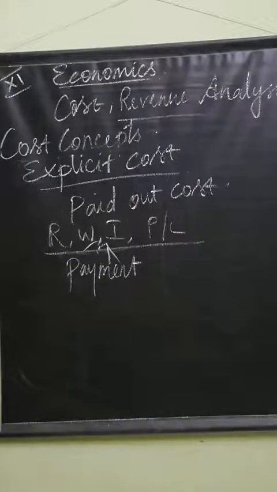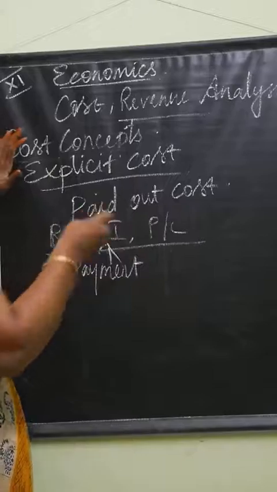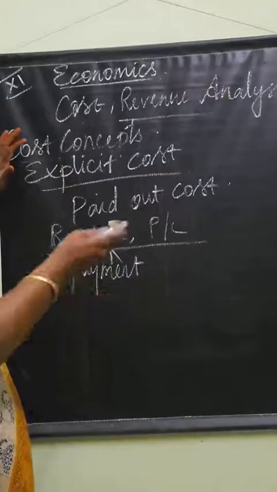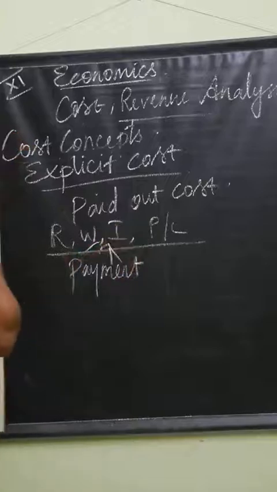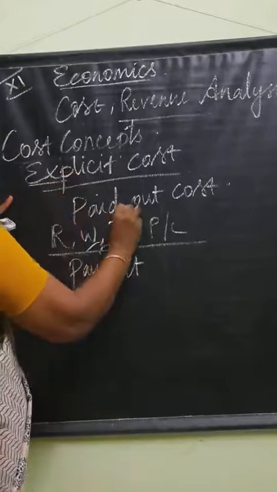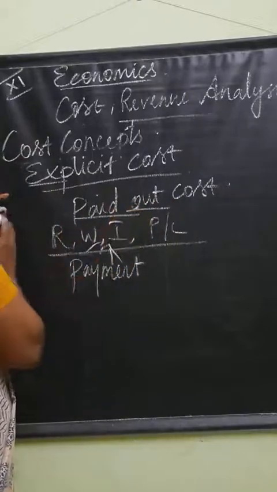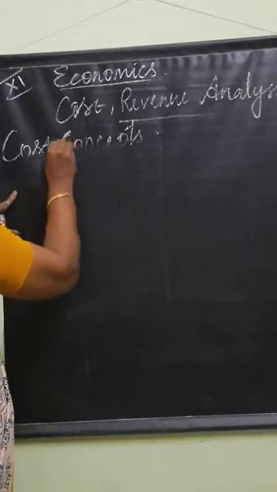So it is also called explicit cost. As we said, the other name of money cost is explicit cost, and the other name of explicit cost is money cost. So both are the same. Explicit is paid out cost. Implicit cost is incurred by the firm.